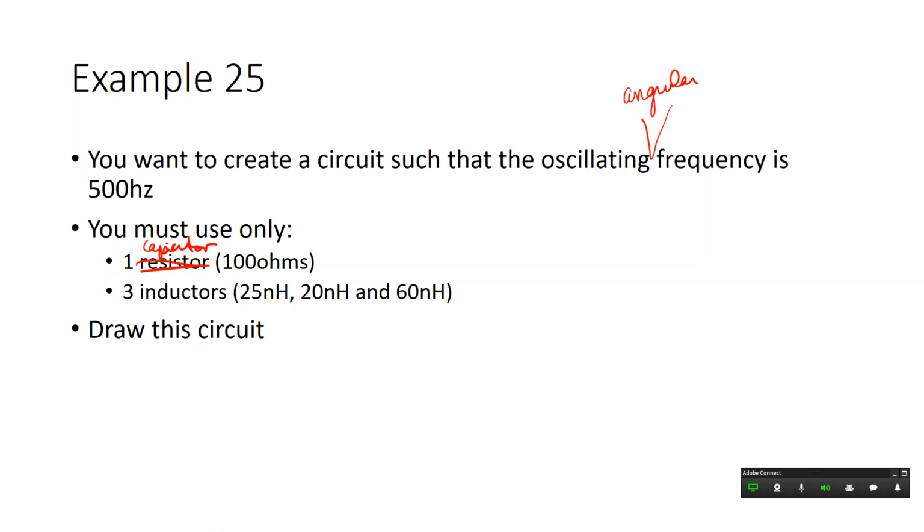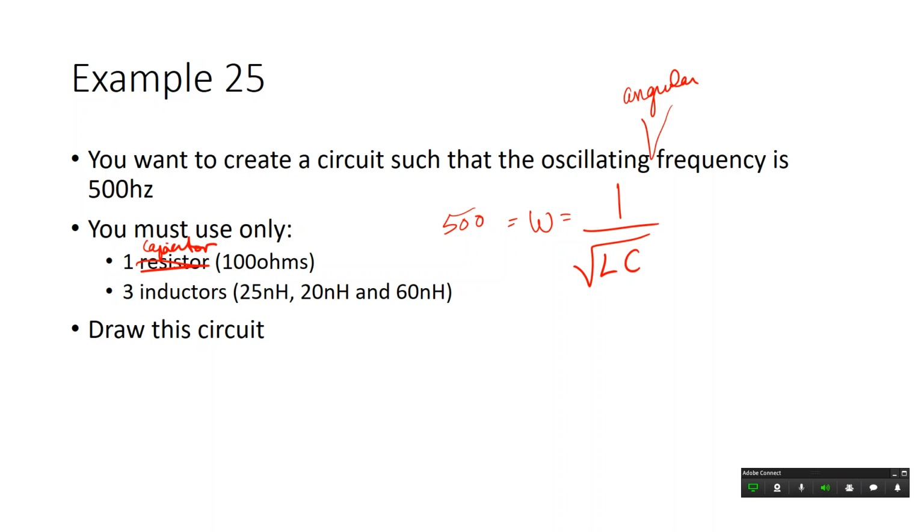Great. So we have a few things to consider here. We want to know what we need to do to get an angular frequency of 500. And 500 is going to be equal to, well, we know that I have to use one capacitor, and I have to use all three inductors. So if I have to use that capacitor, might as well plug in that capacitor.